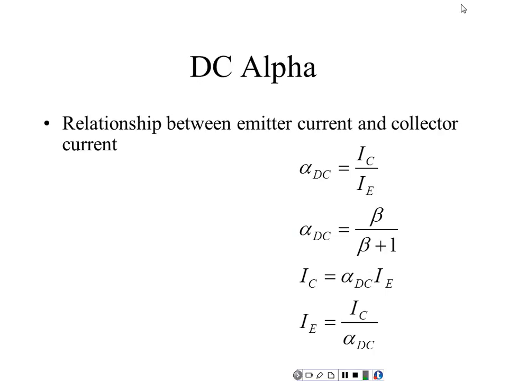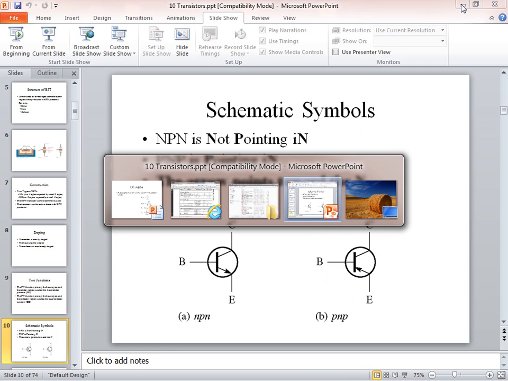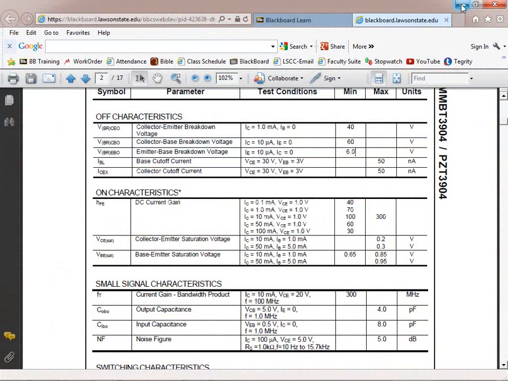We have an HFC, which shows us the relationship between the collector current and the emitter current. And we refer to this as DC alpha. And we use the Greek symbol for alpha. And it's going to be equal to IC over IE. When I look at the data sheet, we'll notice there is no listing for DC alpha.